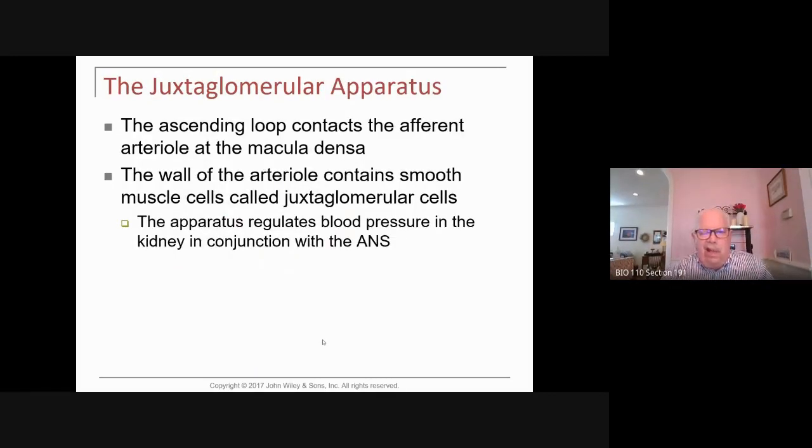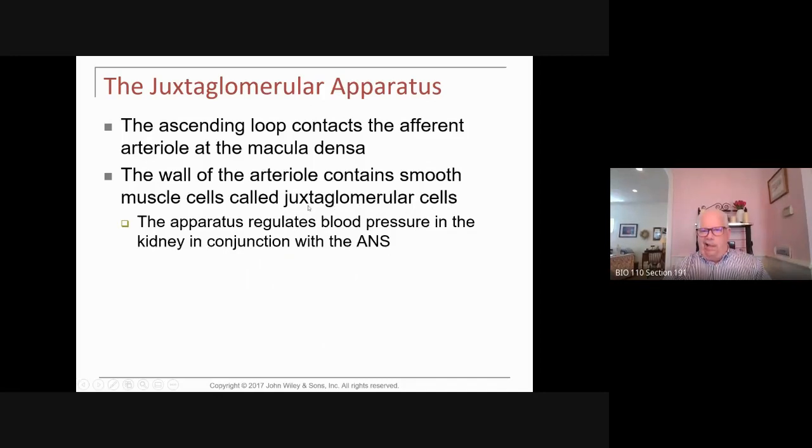There is an apparatus called the juxtaglomerular apparatus. It is basically in the walls of the arteries or the arterioles. And here now you see muscular cells called JG cells, juxtaglomerular cells.